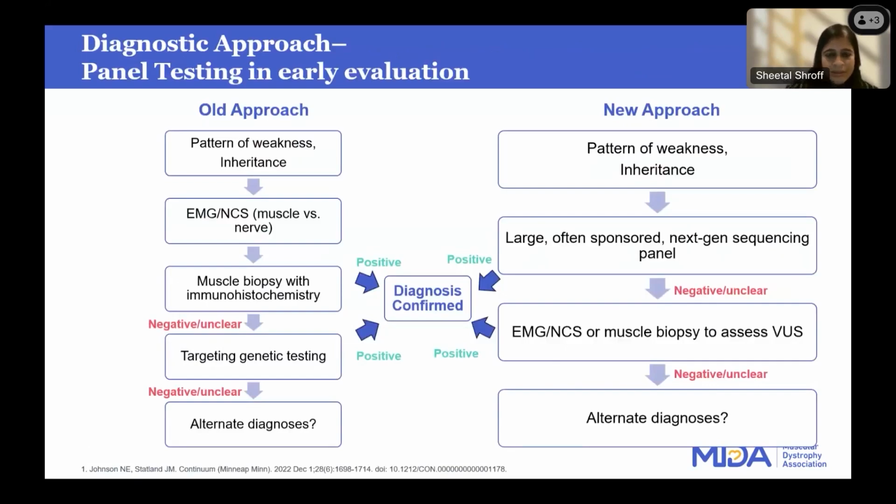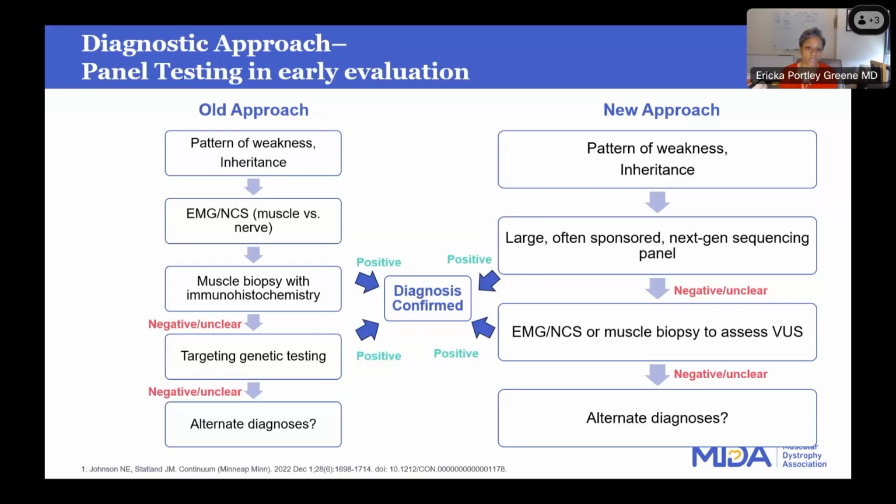Okay, so the diagnostic approach. There was a traditional approach under which I was trained and Dr. Shroff was trained. But as she mentioned earlier, because of the availability of genetic testing, which has become much more economical and covers a wide range of different disorders, you can see between the new approach versus the old approach that there's a prioritization to genetic testing earlier in the diagnostic journey for patients.